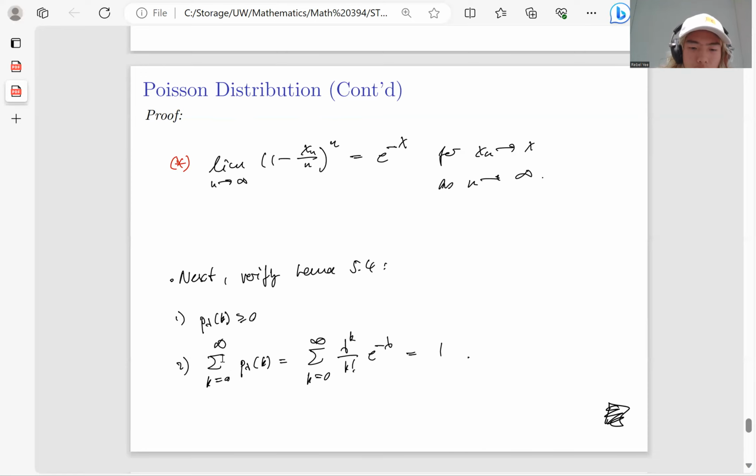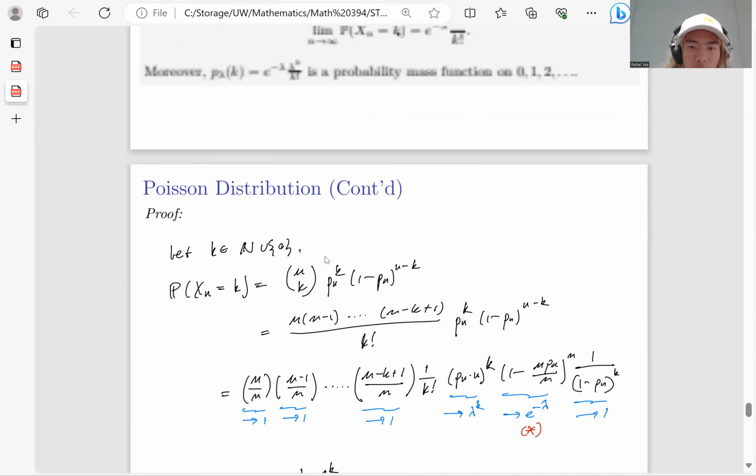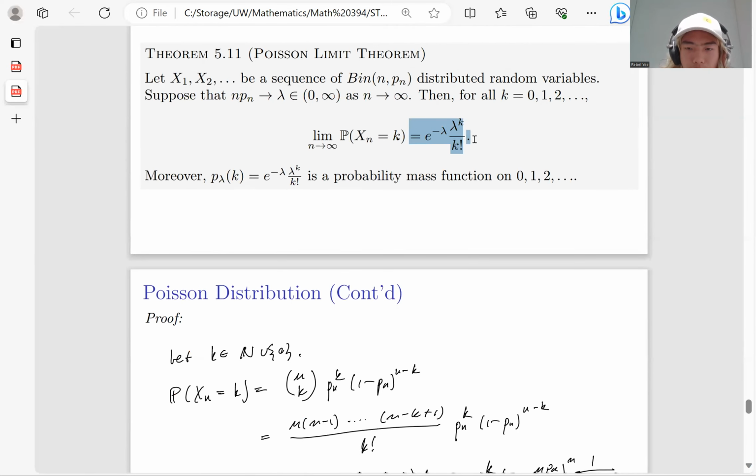But for this term, we want to prove the sum of k from 0 to infinity of lambda to the power of k over k factorial times e to the power of negative lambda.